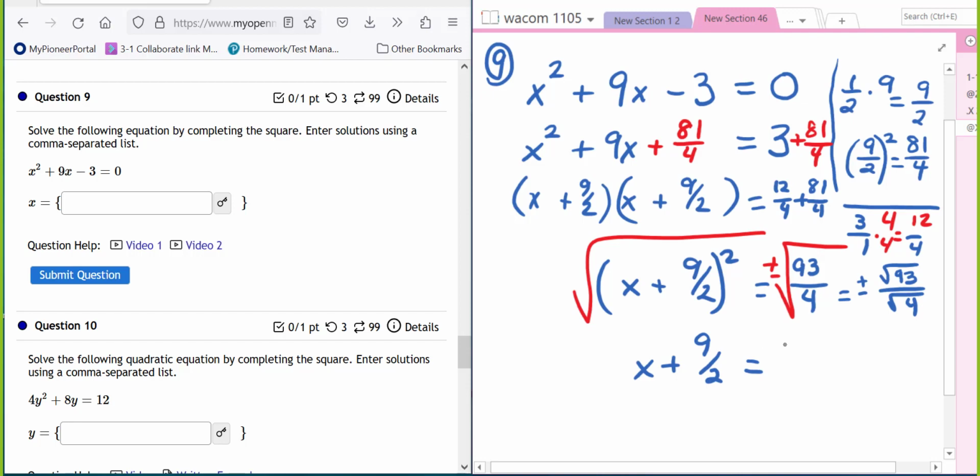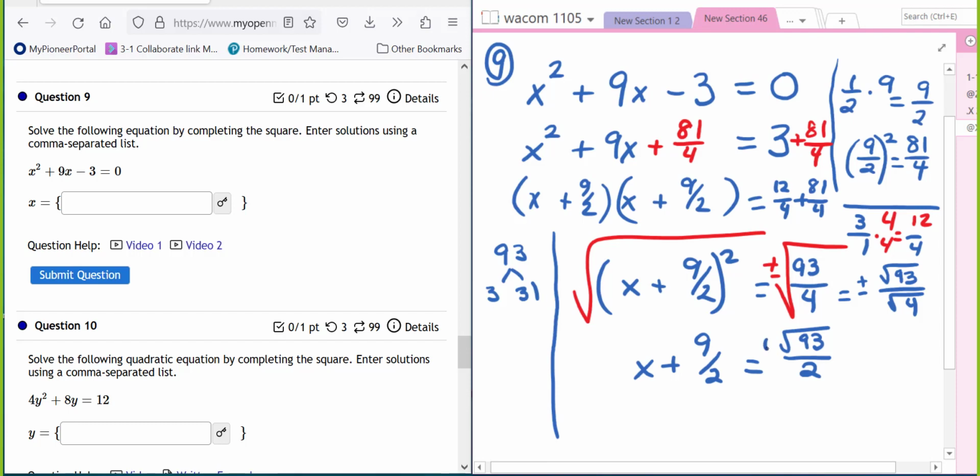And 93, I'm going to try to clean up. Square root of 4 is 2, right? I know that something will go into 93 because if I add those, 9 plus 3 is 12. So I know a 3 goes in there. So just on this side, I'm going to try to break 93 down. And 3 will go in there 31 times. So it's actually not going to break down, but I knew it had a 3 in it because 3 and 31 are both prime. So it's going to stay like that.